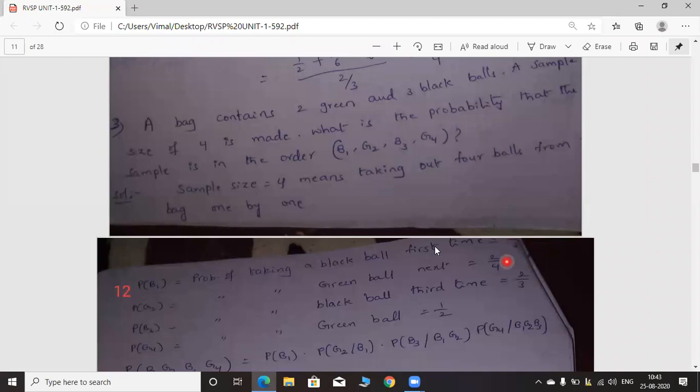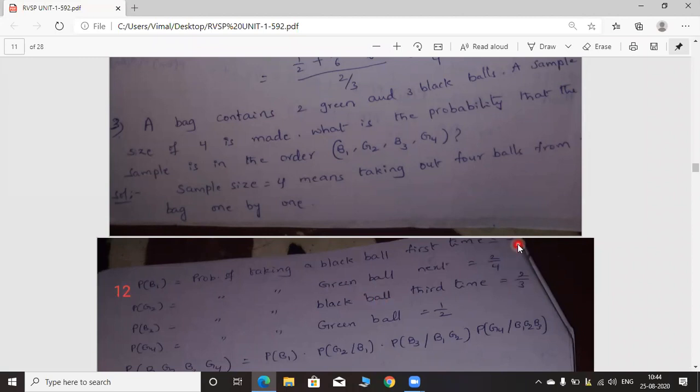3 by 5. Next, what is the probability for taking the green ball next time? So P of G2 is equal to 2 by 4. Why is the denominator decreased by 1 here?